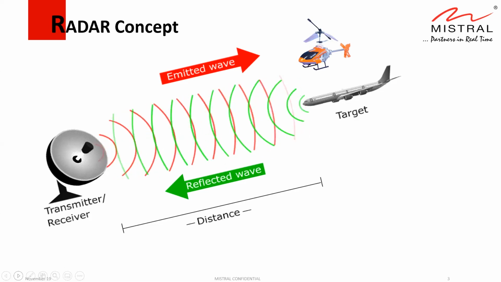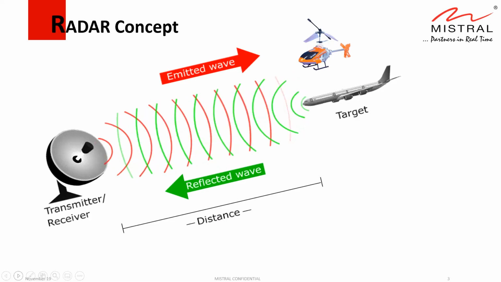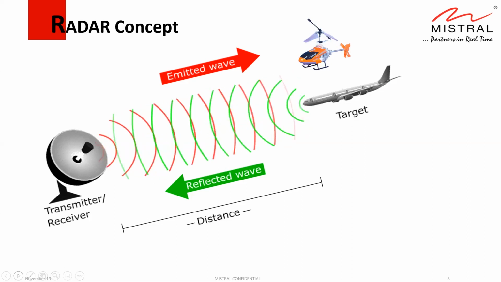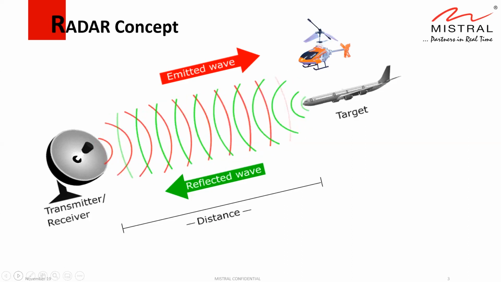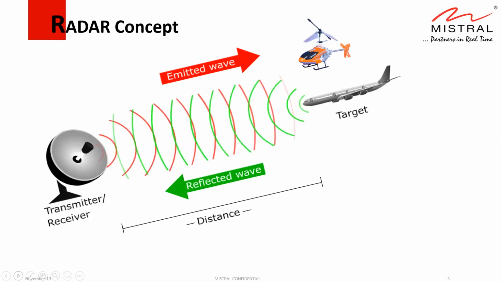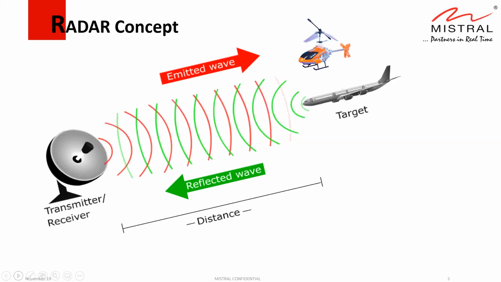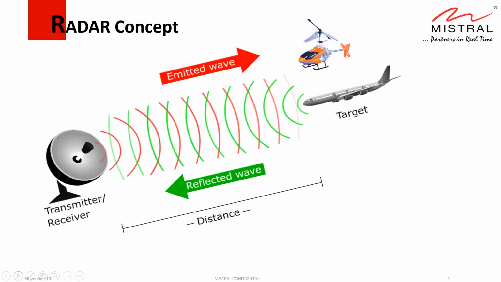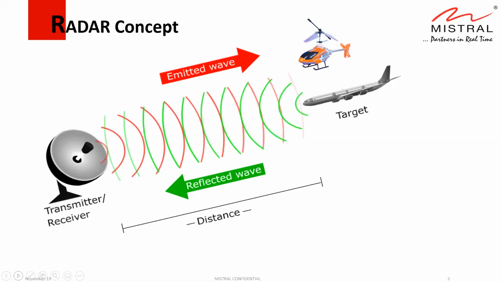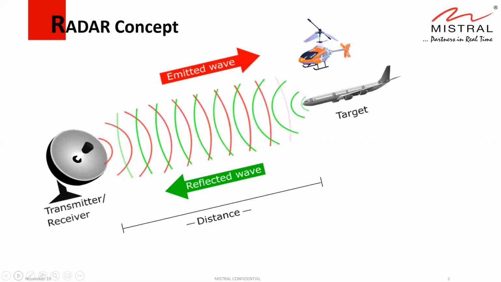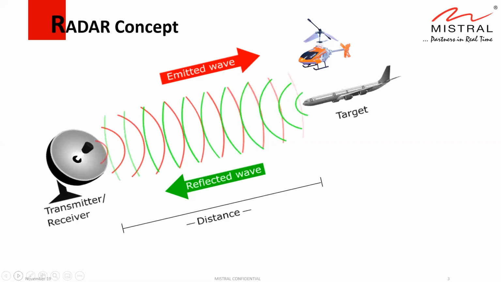The transmitter transmits radio waves towards the vicinity you want to monitor, and the radio waves are reflected by the objects or targets, which can be multiple. The reflected wave is received by the receiver, and the received signal is processed further to identify the objects: what range the object is at, what speed it's moving, and what angle it is located at.